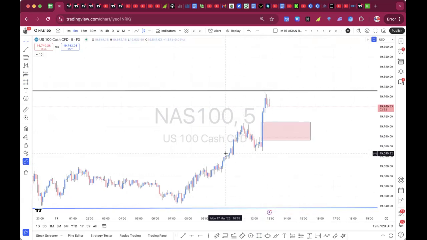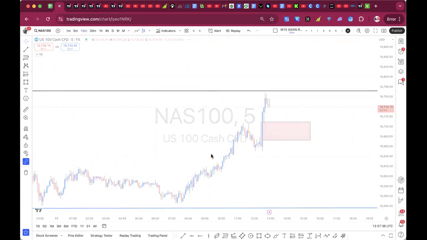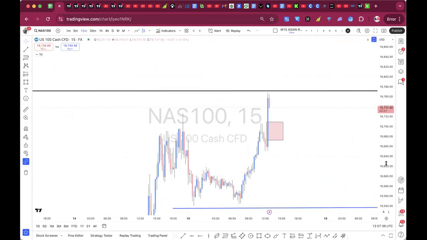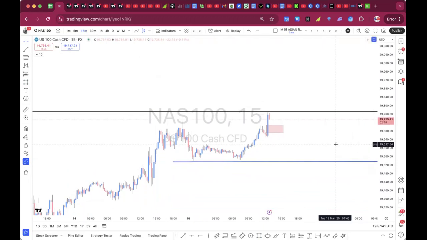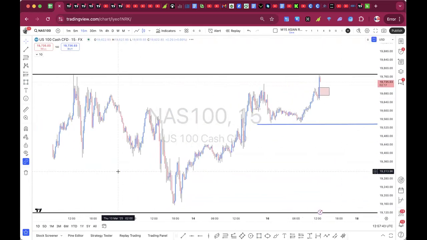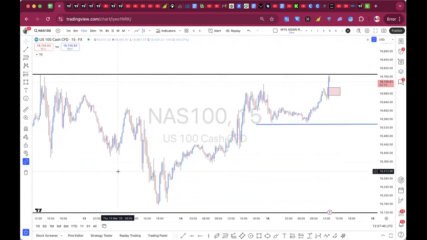So what am I going to wait for? Since the market itself on this 1 hour or 15-minute time frame is bullish, how do you know that? See where it's coming from. See the narrative here. That's what we talk about as market structure. Here was a low, here was a high, here was another low, not up to this, here's another high.